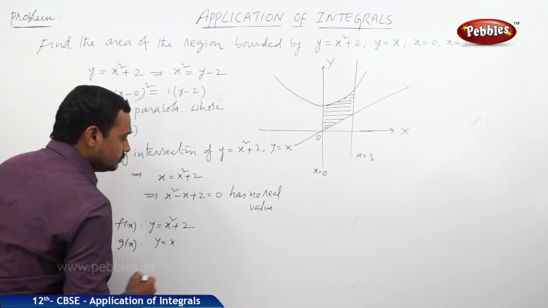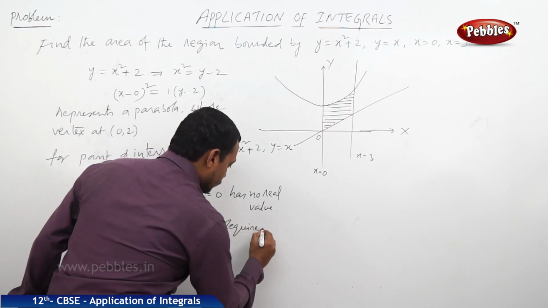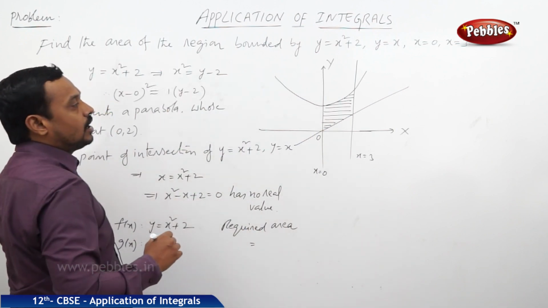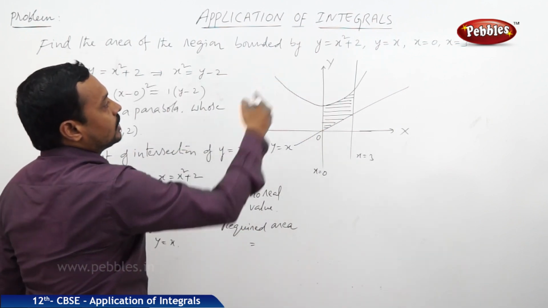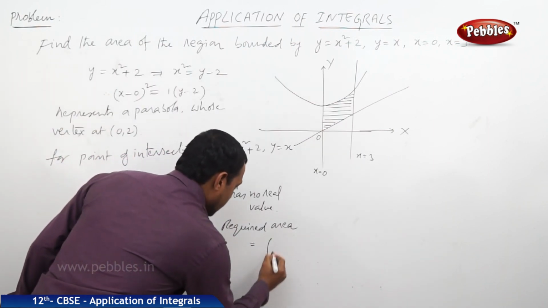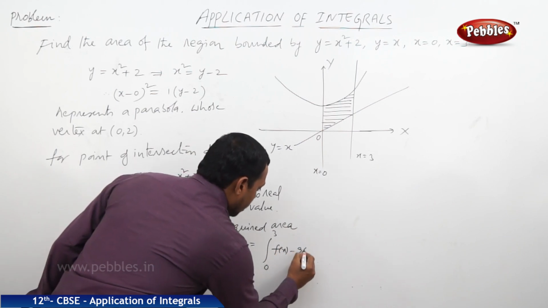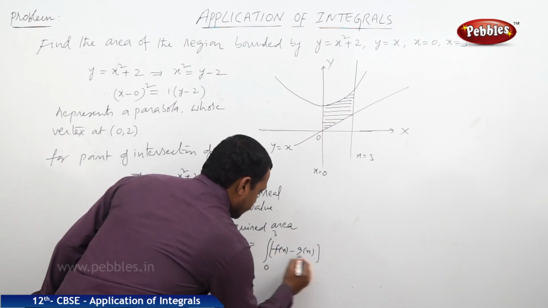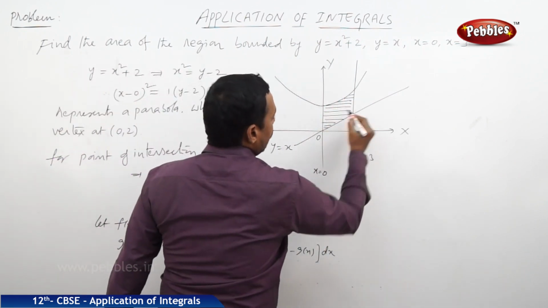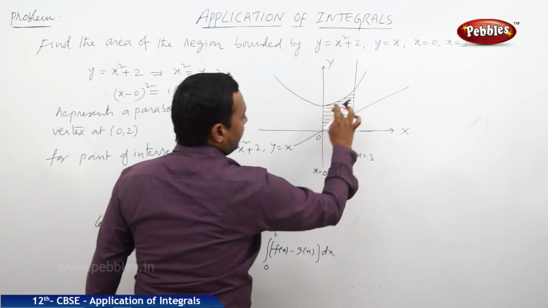Now the required area, the area of the region bounded by the curve and the straight line with the limits x is equal to 0 and 3, is integral 0 to 3 of f of x minus g of x dx. So this is the upper, this is the lower. Now the difference of these two gives the required area.